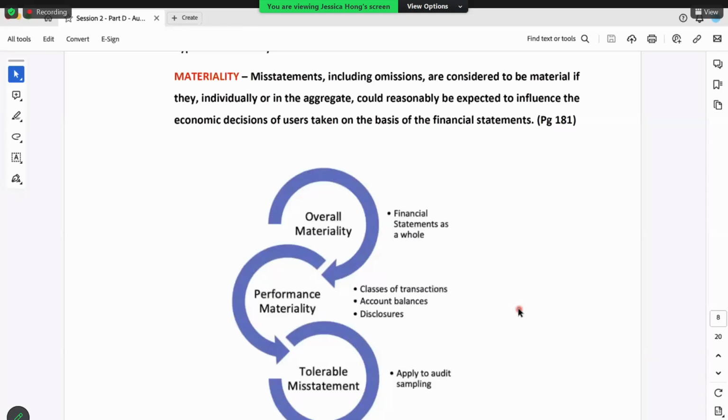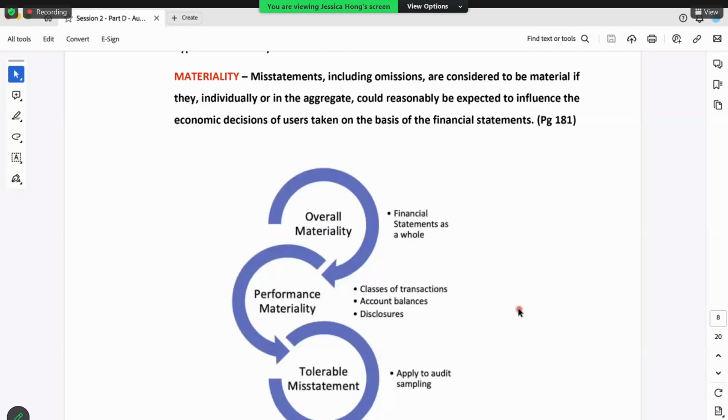Qualitative means that some of these misstatements are material not because of the value, not because of the amount, but because of their nature. Later we will show you some examples of different misstatements. Generally, in the context of materiality, misstatements refer to omissions or amounts that differ from what the auditor believed to be correct.